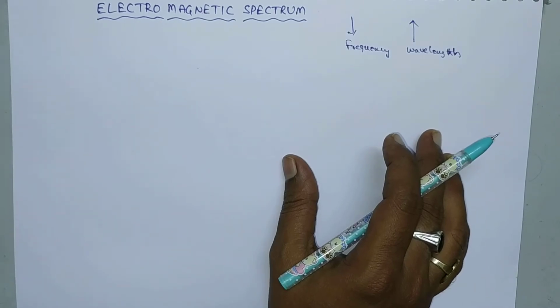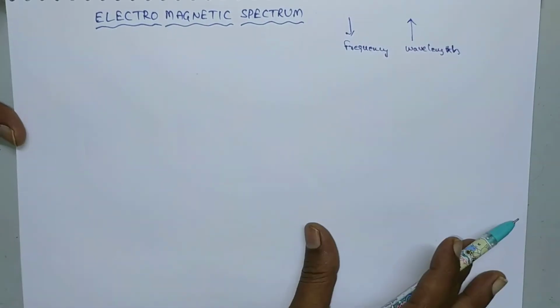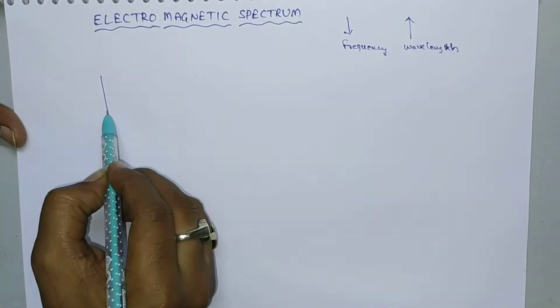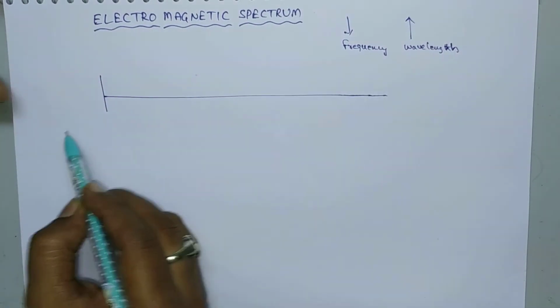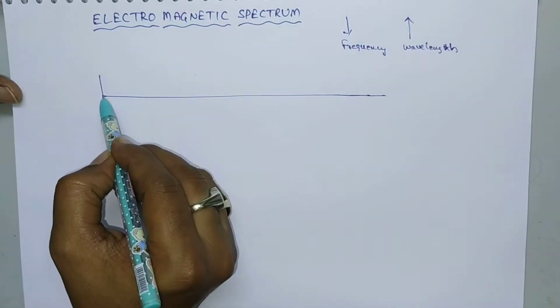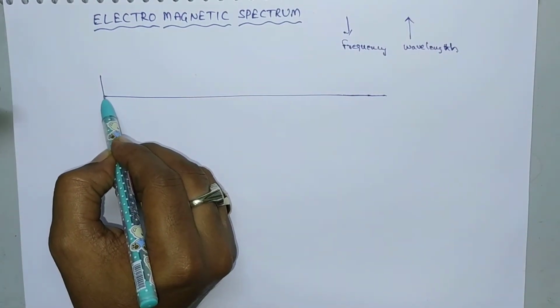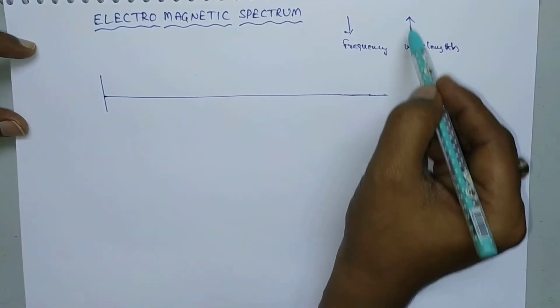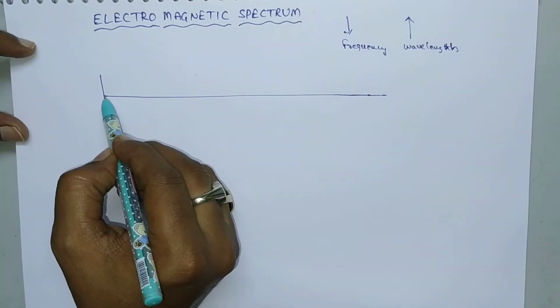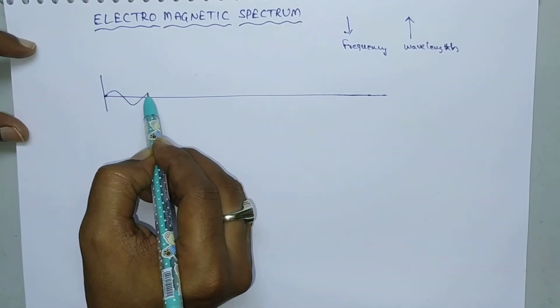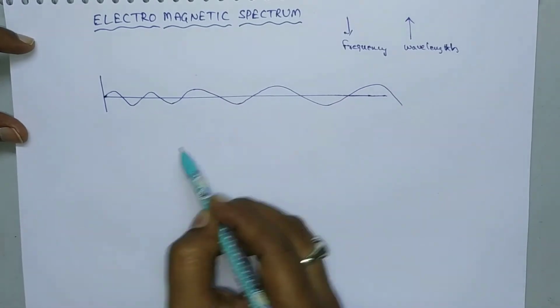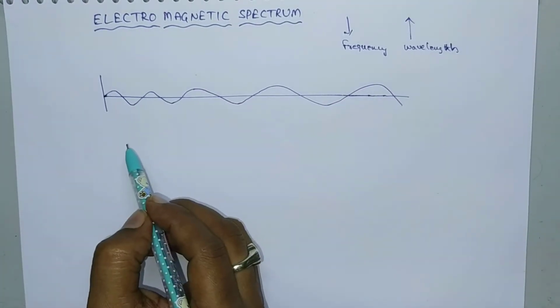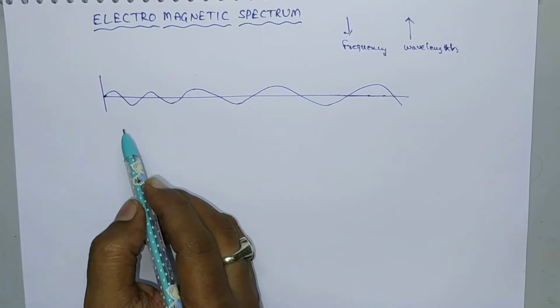Here, if you consider any wave like this, suppose there is a wave propagating along this x direction. As we move from left to right, the wavelength goes on increasing, so it should be like this. The wavelength means the distance between any two successive crests or troughs.